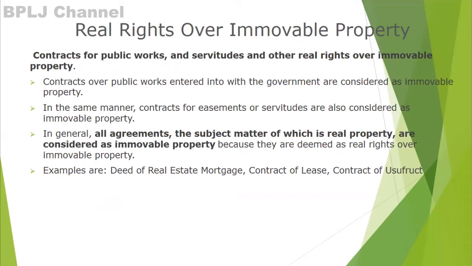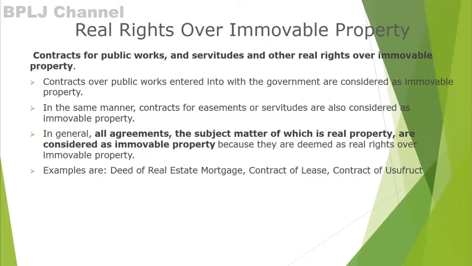Example of which are contracts for public works. So the contracts with the DPWH and other government contracts involving public works are considered as real property. Easements and servitudes. So easements of right of way and servitude contracts are considered as real property.